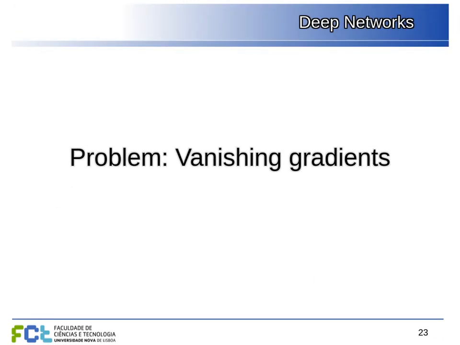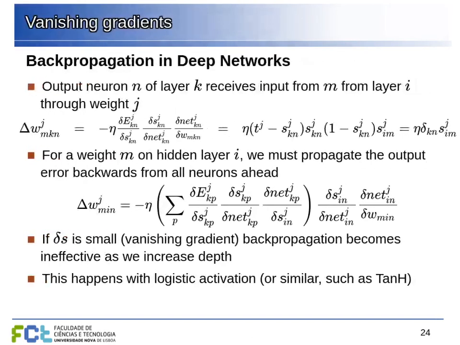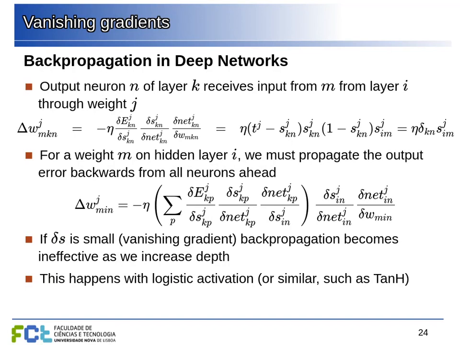However, one problem with training deep neural networks is that as we stack the layers one in front of the other, and we need to propagate the error from the last layer to each of the hidden layers, we need to keep multiplying all of these derivatives. If you recall from backpropagation, we are using the chain rule to compute the derivative of the error function that we have at the end with respect to each particular weight that we need to update.